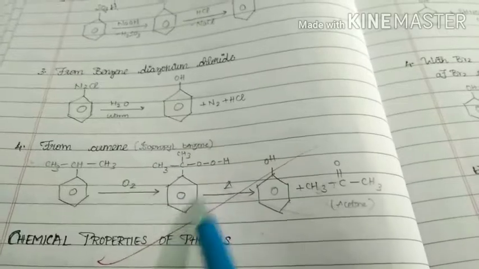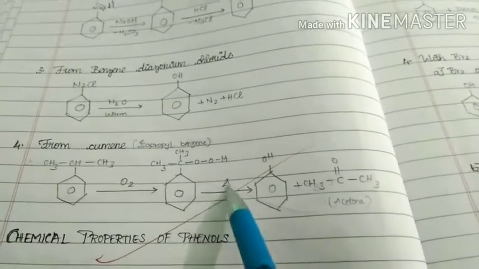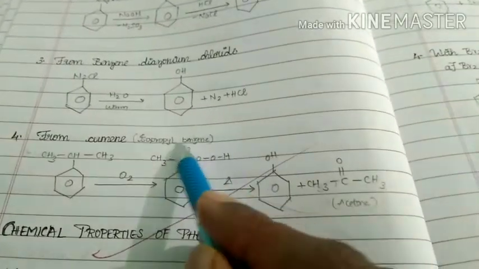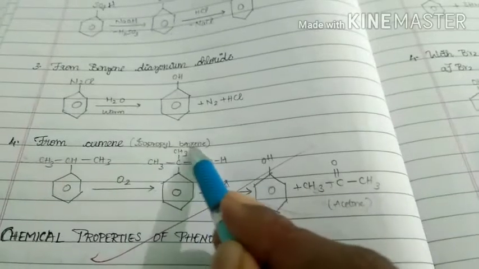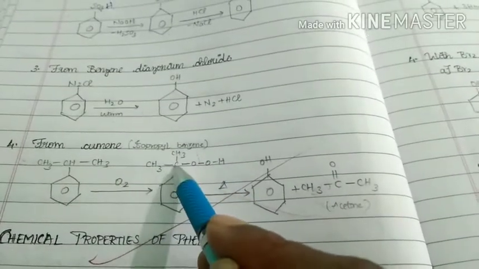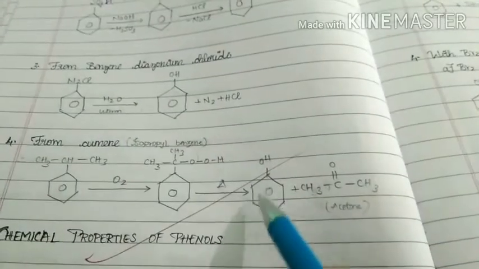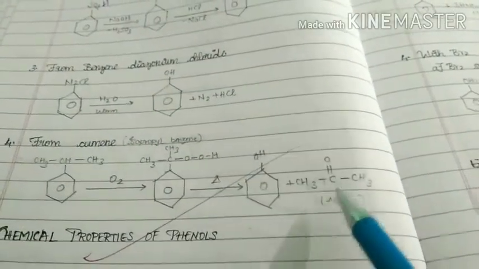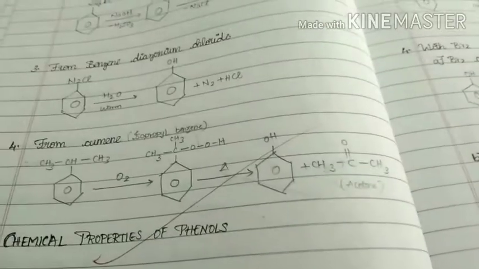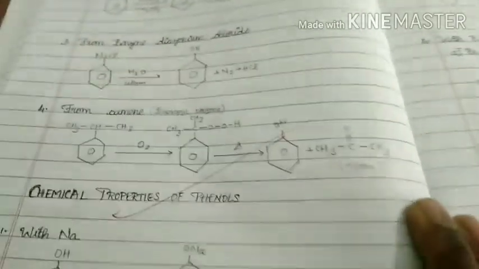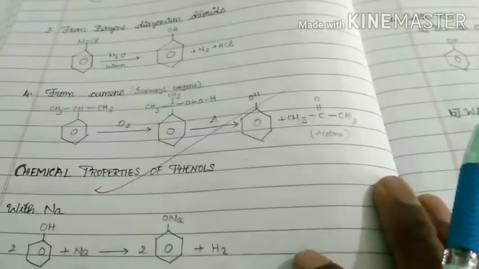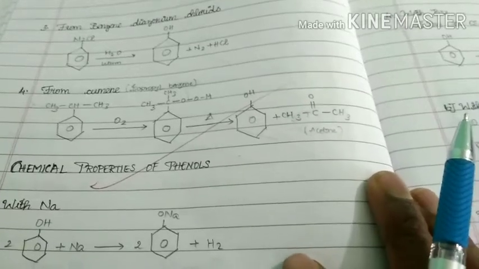Then we get this compound. When this compound undergoes heating, this part, CH3COCH3, is removed. Then phenol is formed and acetone is formed as a byproduct. That is about the preparation methods of phenols.